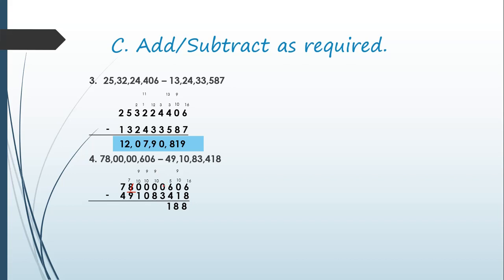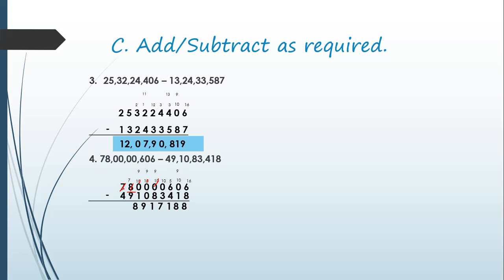And lastly we came to our place, that is thousands. This 0 becomes 10. Now we can do the subtraction. 10 minus 3, we get 7. Now we are left with 999. 9 minus 8 is 1. 9 minus 0 is 9. 9 minus 1 is 8. 7 minus 8: 7 is smaller, 8 is bigger, therefore we need to borrow from the next place.